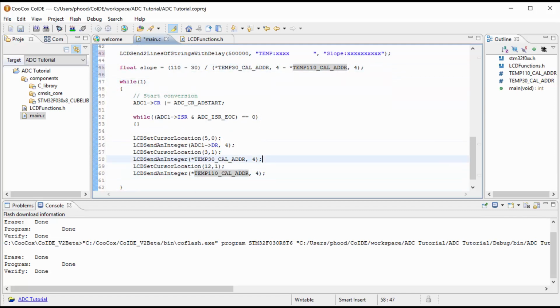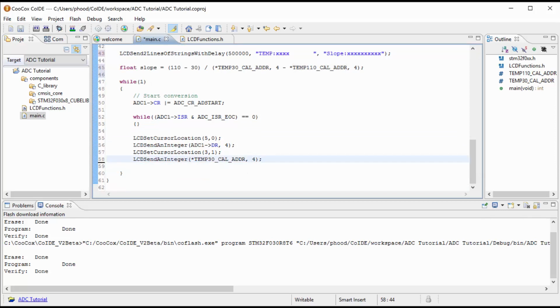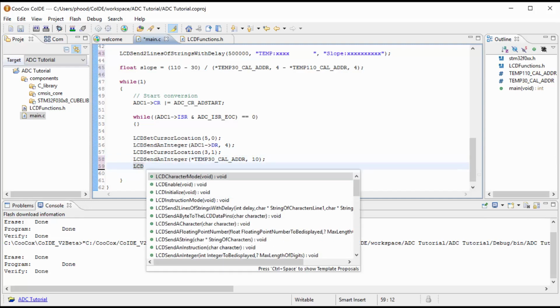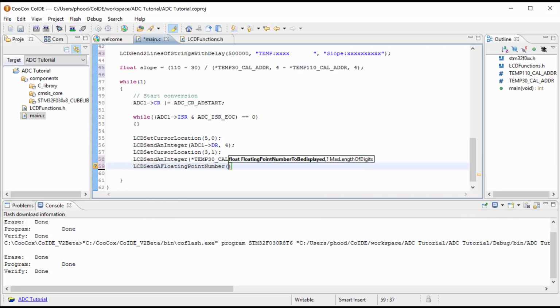So we're going to take one of these out since we don't need those numbers. We're going to change this to a 10, and we're going to display our slope, but we need to do it with a float. And we're just going to do this as a new line. Floating point number. Okay, so this is going to be slope, and it's going to be 10 characters.